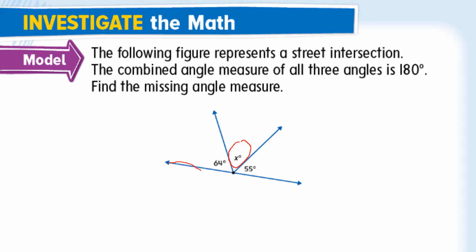We know that this whole thing, from here all the way around, would be 180. So we could take 180 and subtract 64 and then subtract 55, and what would be left is the X in the middle. Or we could add 64 plus 55, then subtract it from 180. The book decided to do it by subtracting every one of them, and it comes out to 61 degrees for the missing angle.